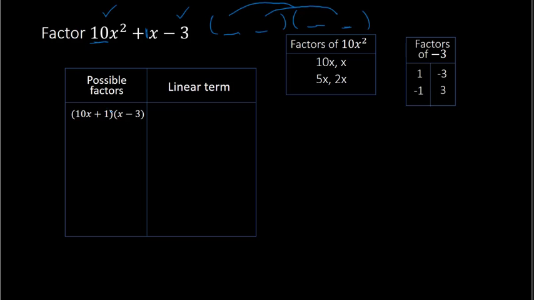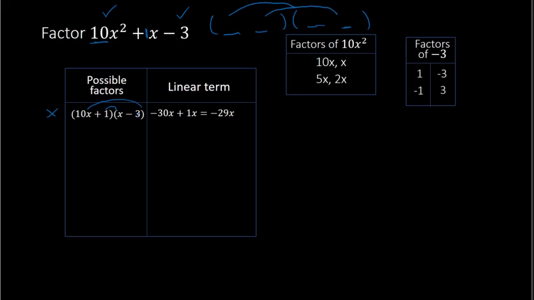We could distribute everything, which is not necessary because we already know the first and last terms are going to work. So multiply 1 times x to get 1x, and then 10x times negative 3 would give me negative 30x. We add those together to get negative 29, which does not equal the 1x that I need. So this would not work.